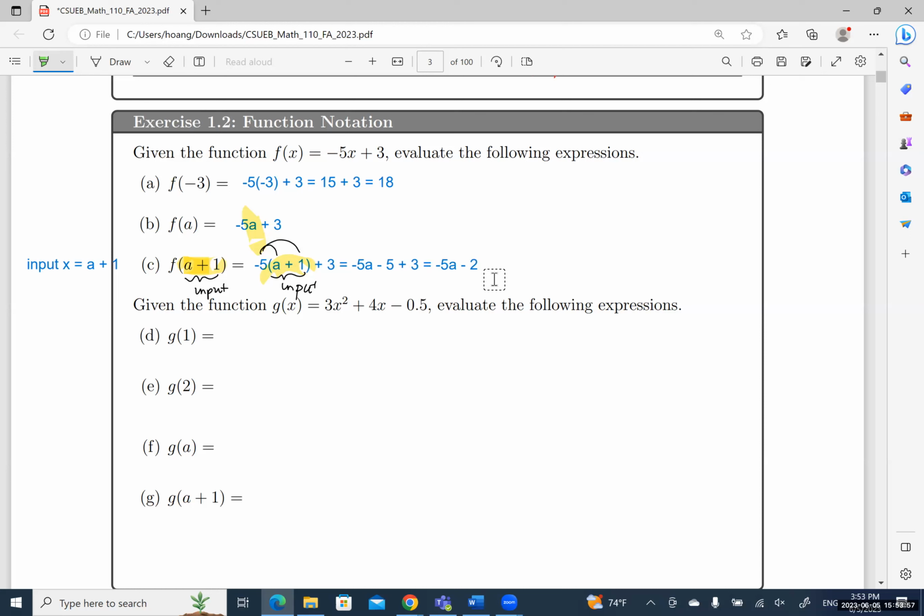Now go ahead and do the next part for the function g of x equals 3x squared plus 4x minus 0.5.